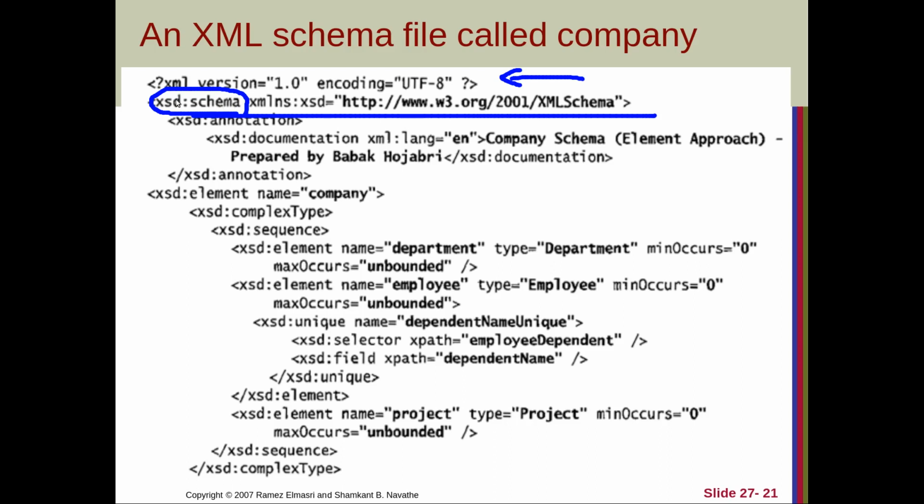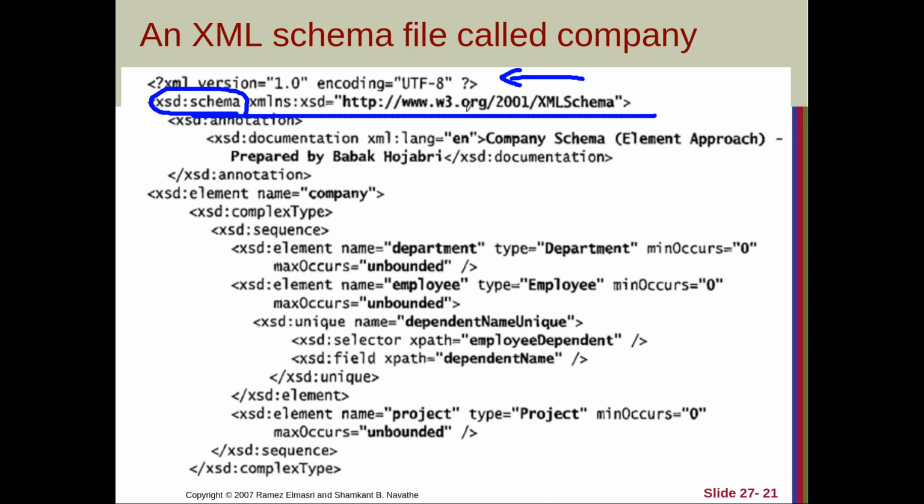The xsd schema is a tag for creating a schema, the schema that it is going to follow. XSD means XML schema description. xmlns means XML namespace, colon xsd equal to a URL.